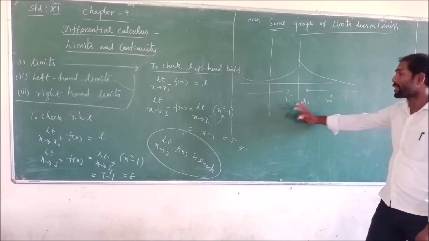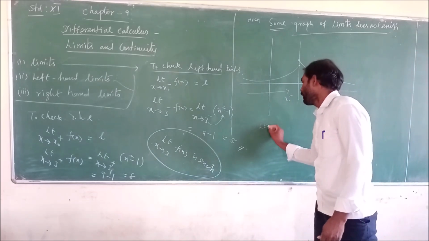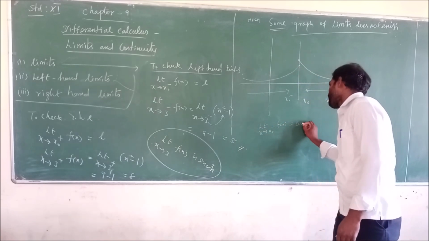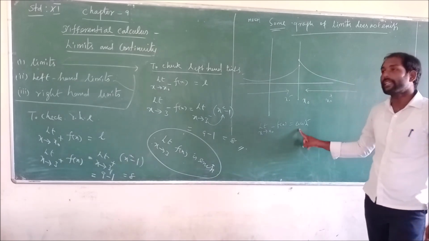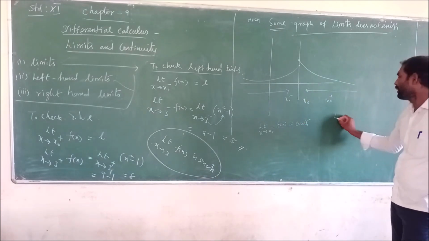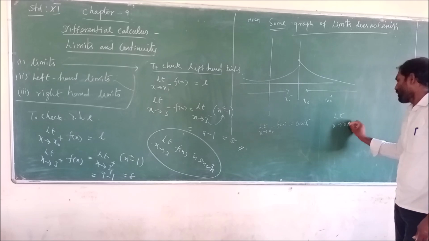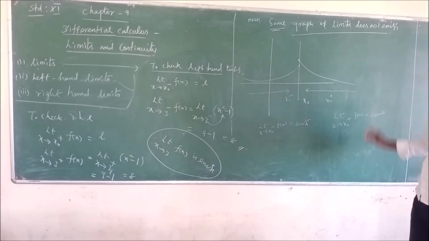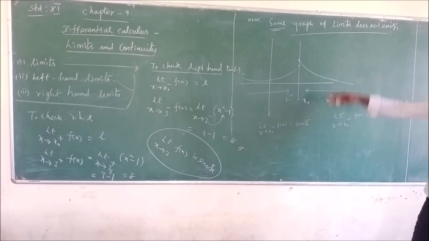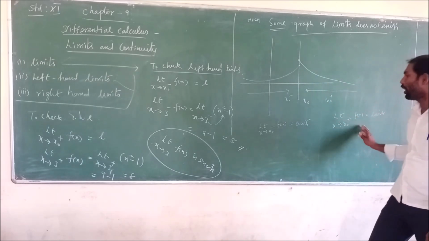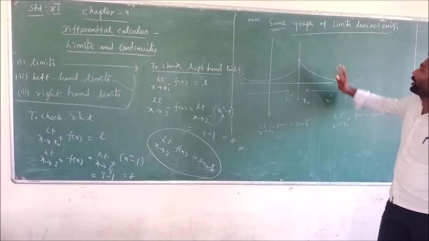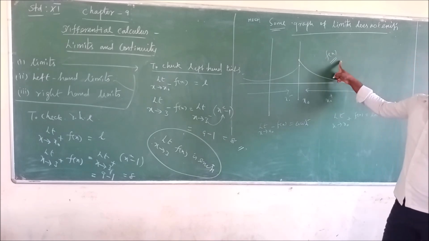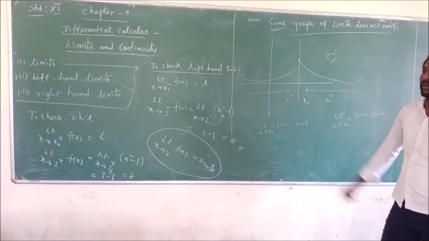Both exist. This means that the limit as x tends to x naught minus of f of x exists, with some value, and the limit as x goes to x naught plus of f of x exists with another value, but both are not equal. Then the limit of the given f of x does not exist at the point.